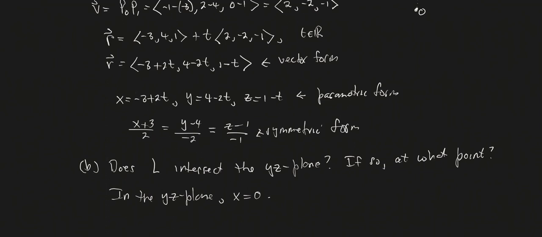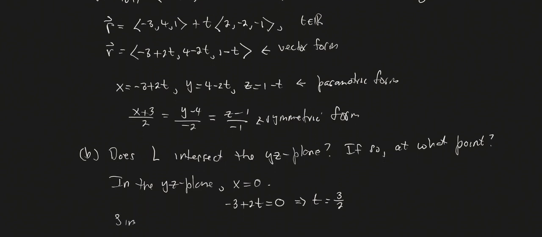So to answer the first part, does it intersect, we have to see, is it possible for x to be equal to 0? So we would write -3 + 2t = 0. If this equation has a solution, then the answer to the first question is yes. And we can see that this easily gives us a t value of 3/2.